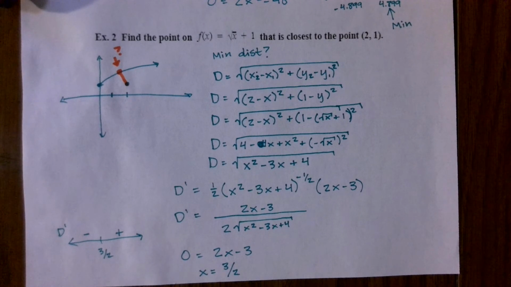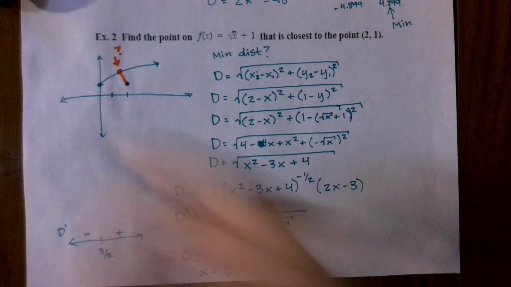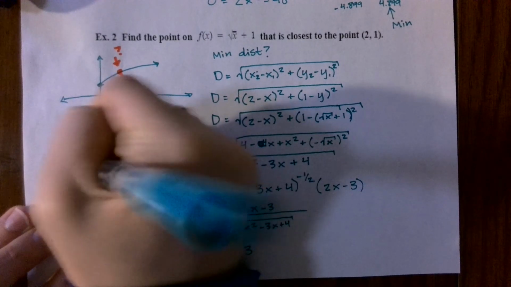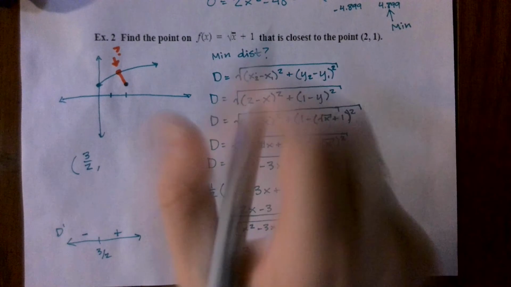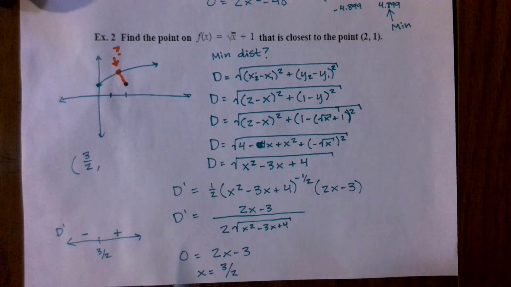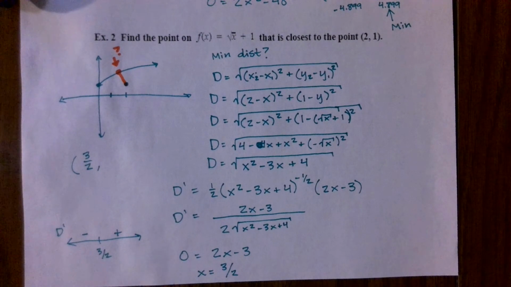We were looking for the point that was closest to (2, 1), so this is going to be an ordered pair. So in the end, this was our x value, 3/2. And then we're just plugging our 3/2 into our function f of x to see what that ends up being. So I'm just going to use a calculator. If we didn't have a calculator, we would leave it really gross.